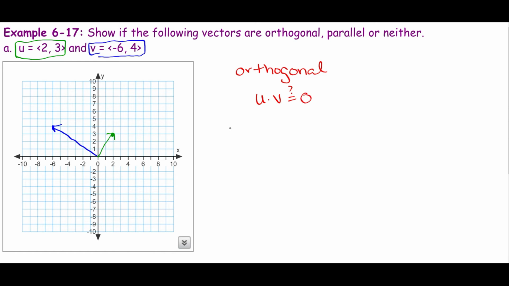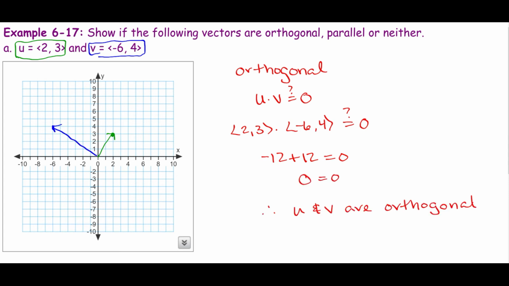The dot product of 2, 3, and negative 6, 4 gives me negative 12 plus 12, which equals 0. Since the dot product equals 0, u and v are orthogonal vectors.